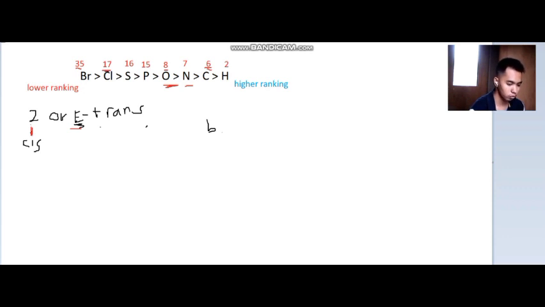Okay, so on to our letter C. We have our letter C here. So this is what the structure in C looks like.